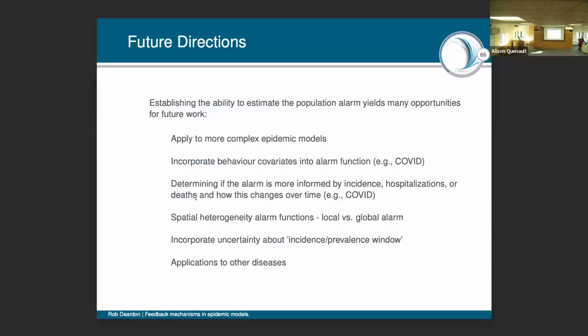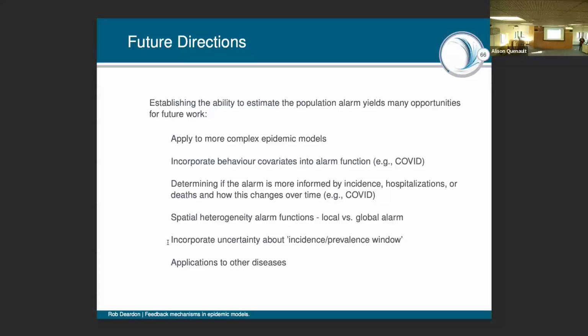It sort of makes sense, right? You can think about introducing spatial heterogeneity into these alarm functions. Some of the population you would think are more guided by what's going on in their neighborhood, what's going on in their city. Some people will be watching the national news and be more guided by that. So you can think about doing that sort of thing.